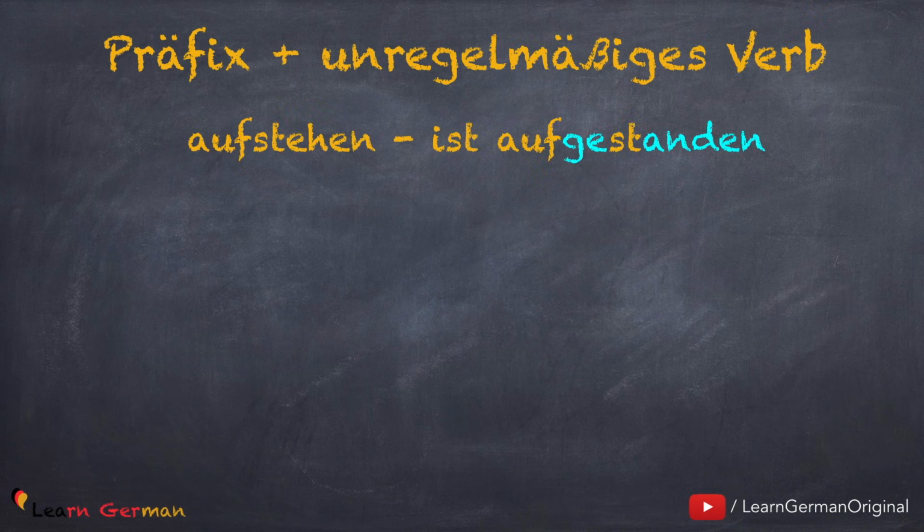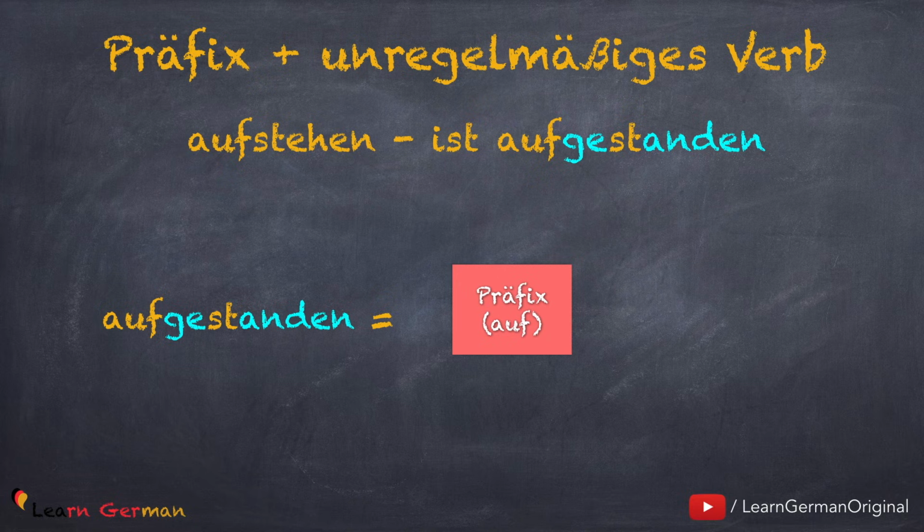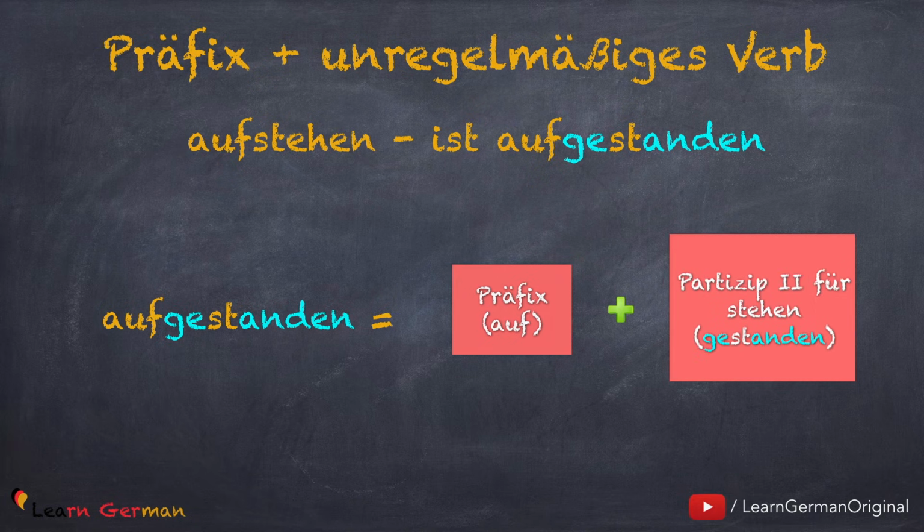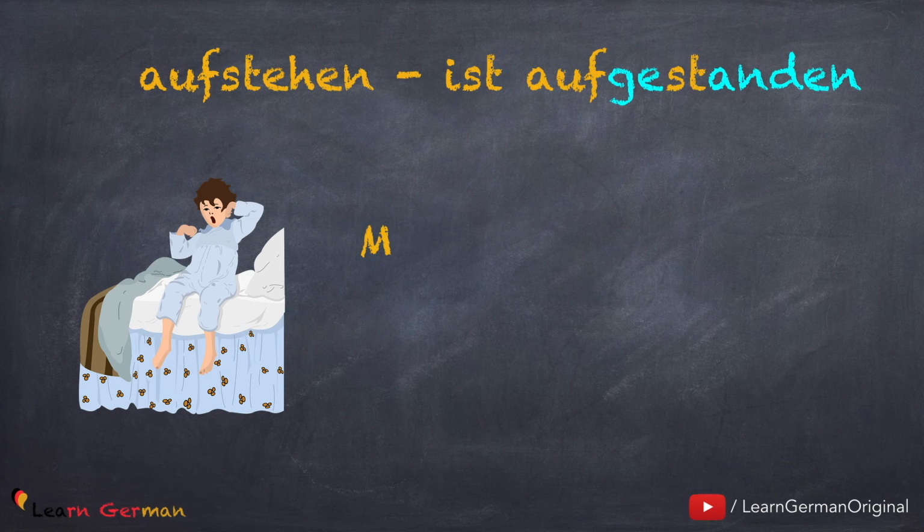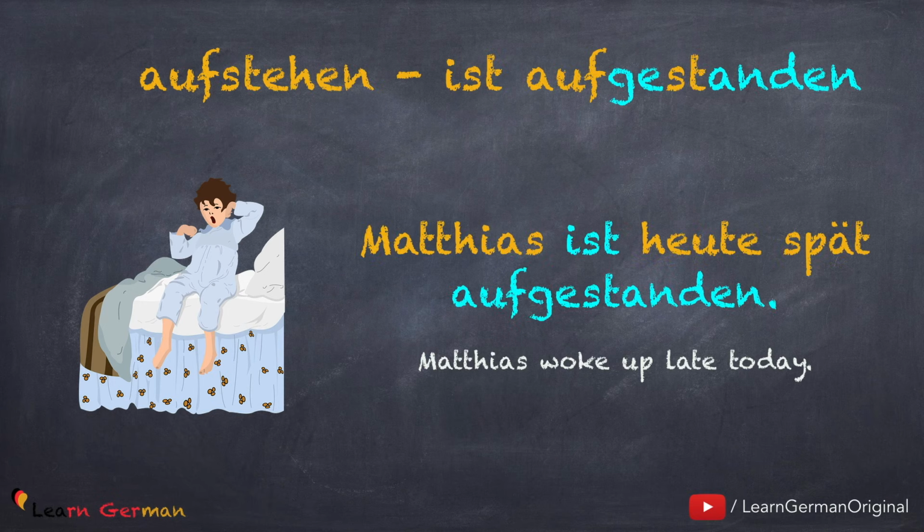Präfix with unregelmäßiges Verb. Aufstehen, ist aufgestanden. The Partizip II takes the prefix auf plus Partizip II für stehen, gestanden, hence aufgestanden. Let's look at how to use it. Matthias ist heute spät aufgestanden.